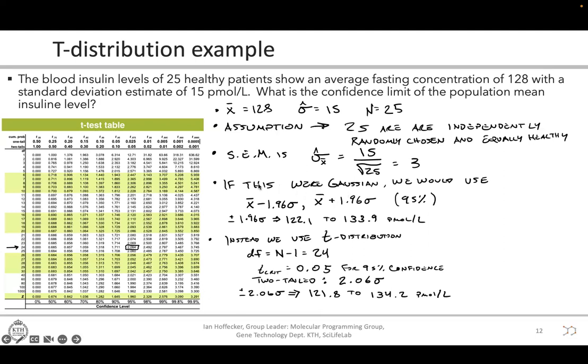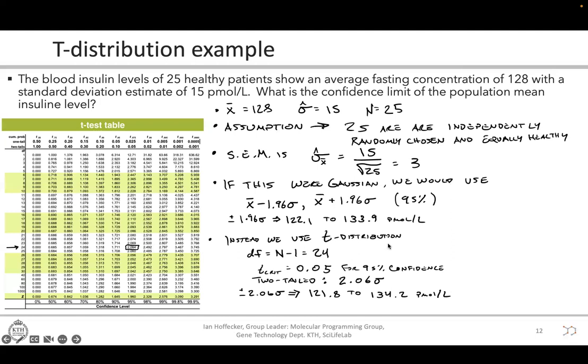So we could create this confidence interval straight off the bat, and we would give an answer like this. The range is between 122.1 to 133.9 with 0.95 probability.